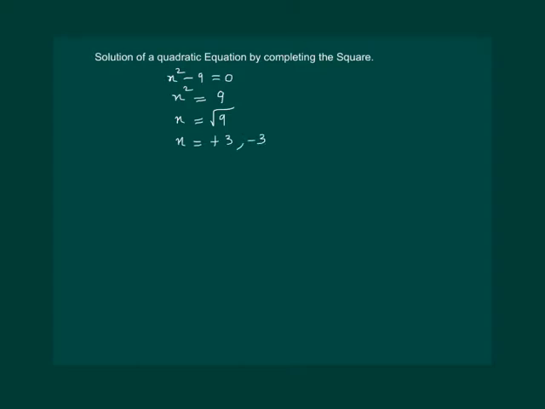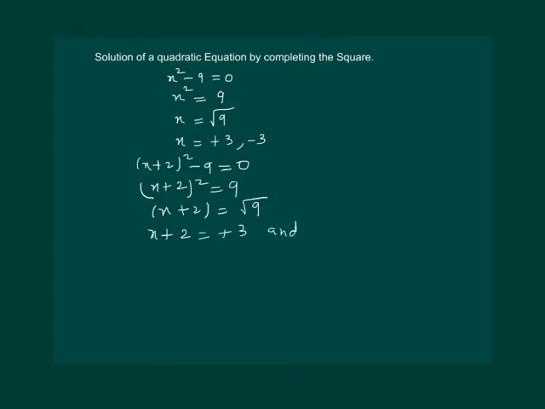Now consider another equation, x plus 2 whole squared minus 9 equal to 0. This is a quadratic equation and to solve it we can write it as x plus 2 whole squared equal to 9. This gives us x plus 2 equal to under root of 9, or x plus 2 equal to plus 3 and x plus 2 equal to minus 3.